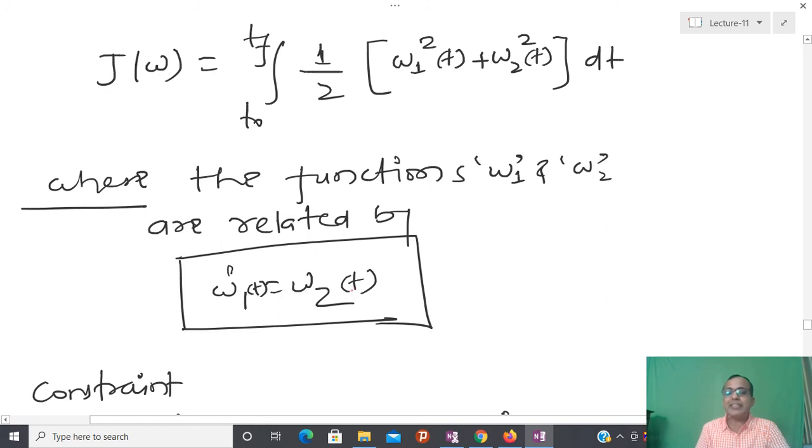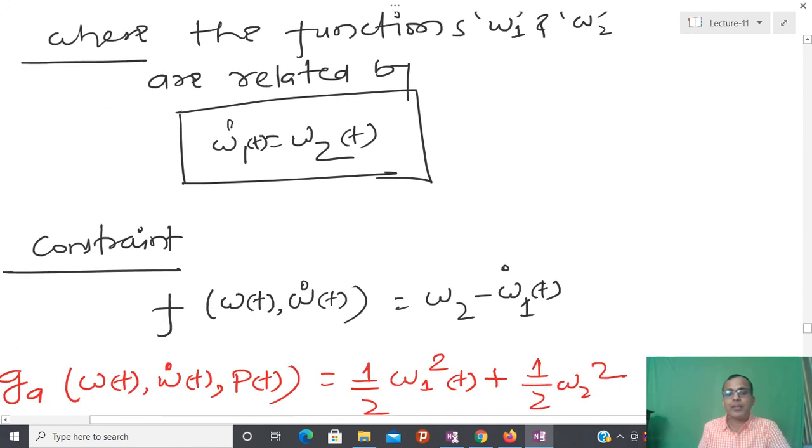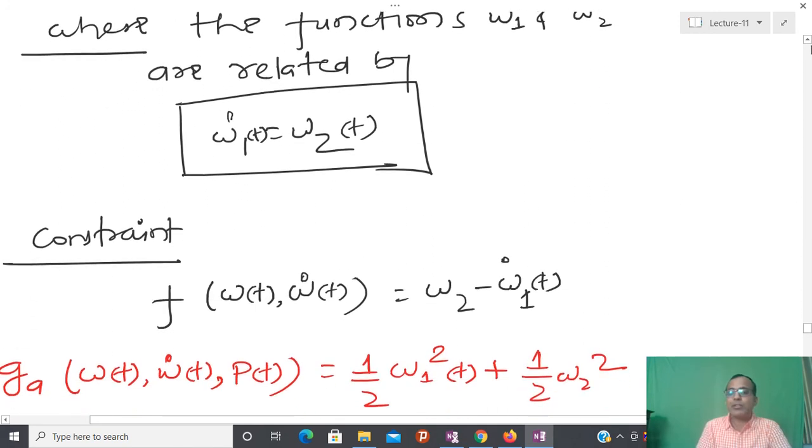So what I am telling is that I have two variables, and these two variables are related by this, meaning the rate of change of the first variable is given by omega 2, and I have to basically extremize this particular functional.